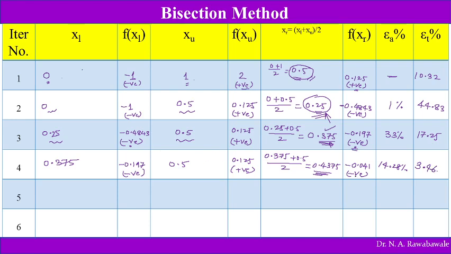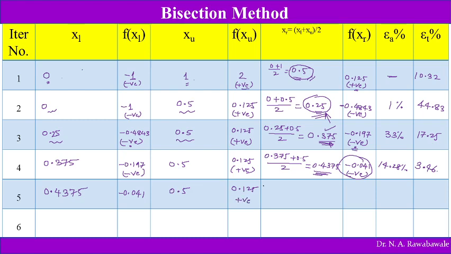Now this negative is a revised negative value that replaces the old value, that is minus 0.041, and this approximation is 0.4375. So this positive is going to continue, 0.5 and 0.125, which is positive.